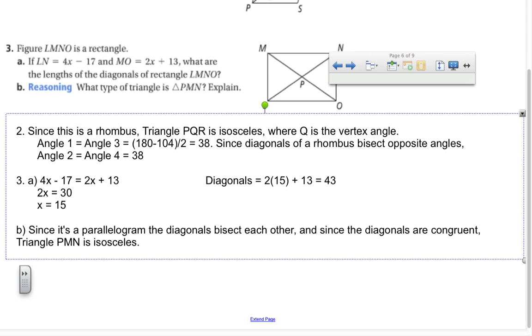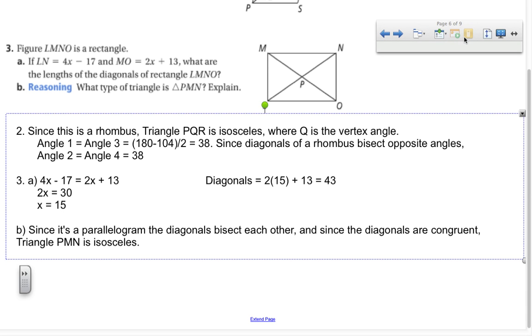Okay, for the your turn problem 3, it's just like the problem 3 that we did together. I set the 2 diagonals equal to each other. The copy quality in your paper is really bad, so you may have accidentally done 2x minus 13. Could that be what went wrong?